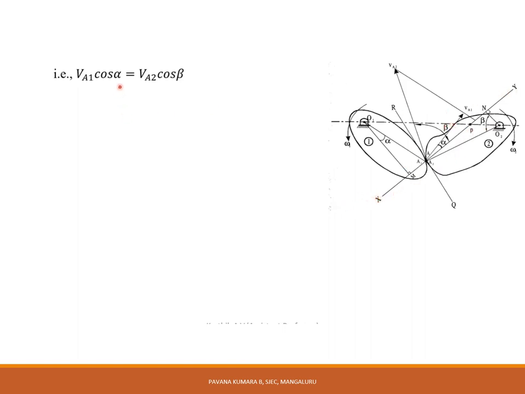From that expression we can write the equation as VA1 into cos alpha equals VA2 into cos beta.